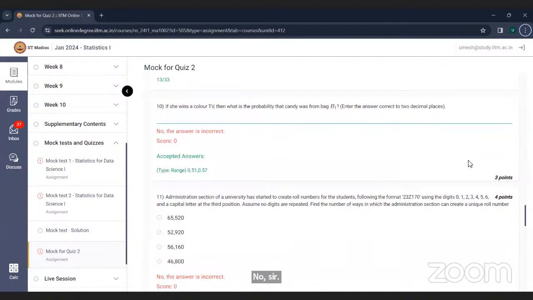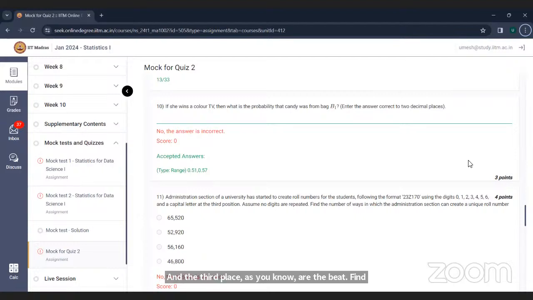Now, the administration section of the university has started to create roll numbers for students in the format 23Z170, using the digits 0, 1, 2, 3, 4, 5, 6 and capital letters at the third place. Assume no repeats.